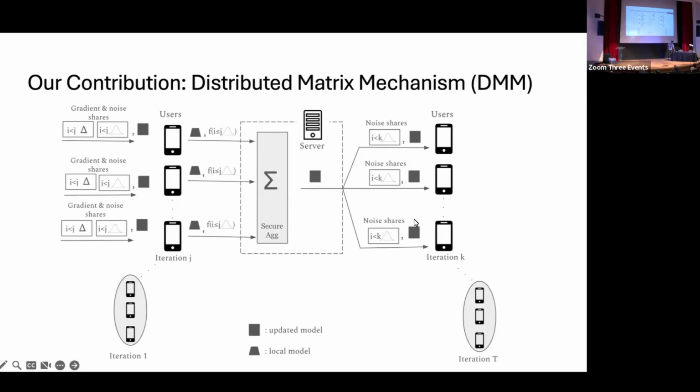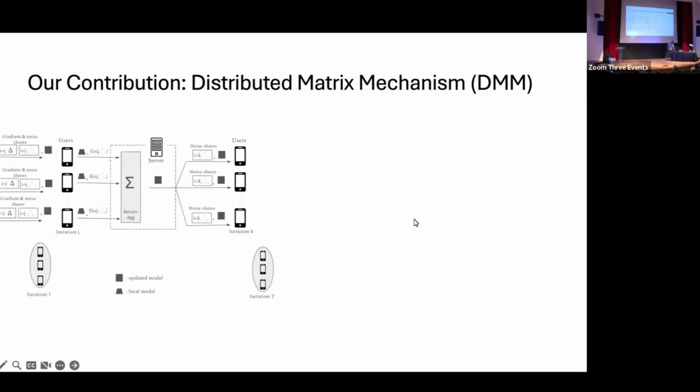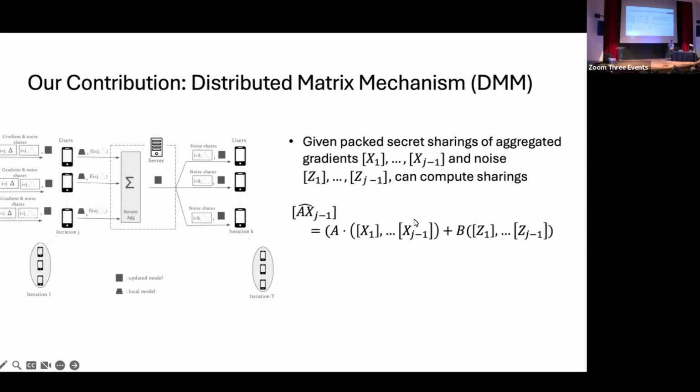In a bit more detail, let's say that we have some packed secret sharings of the aggregated gradients of the past rounds up to round j-1, and the same thing for the noise up to j-1. Of course, we know these are linear, and so we can literally just locally compute shares of A X hat for j, taking into account the first j-1 rounds.